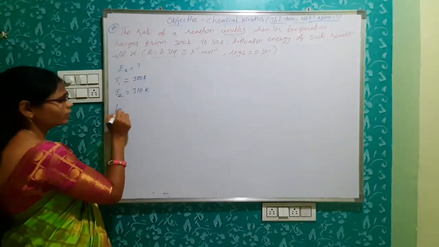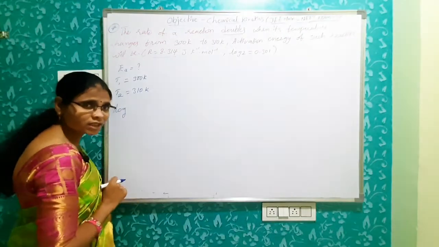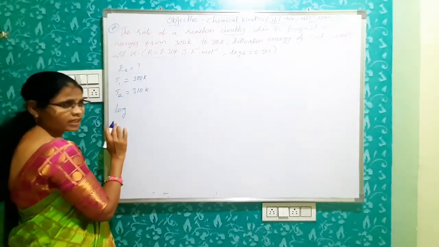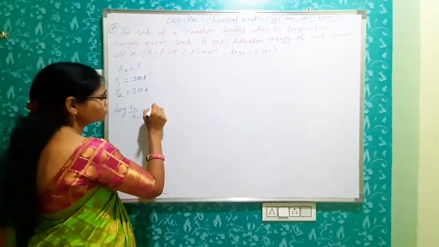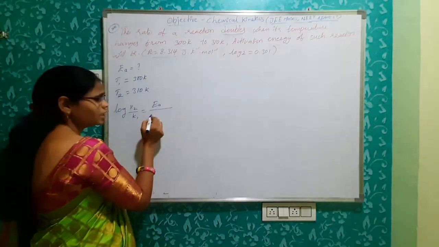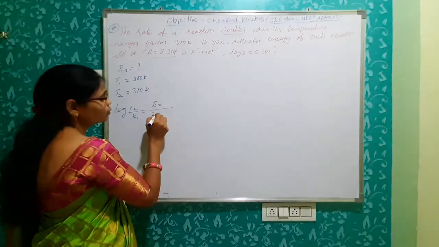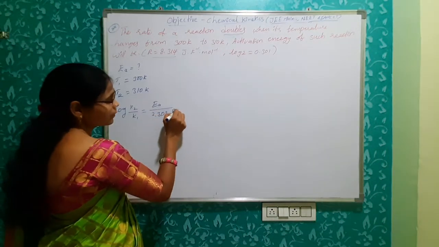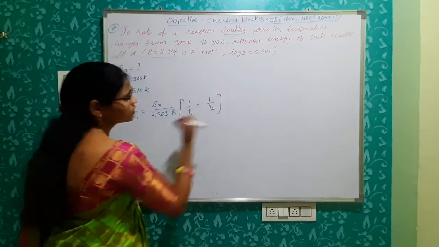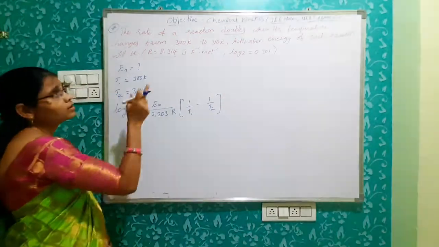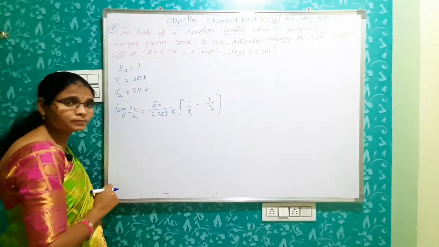Simply, for different temperatures, different rate constants. Log to the base 10 of K2 by K1 is equal to activation energy Ea by 2.303 R into 1 by T1 minus 1 by T2. This is the formula for this problem.